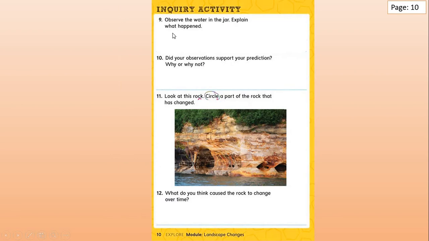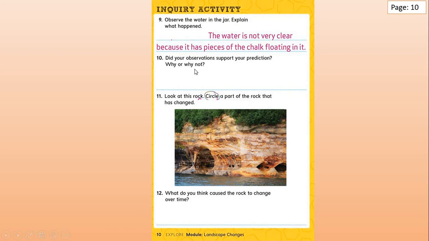Question number 9. Observe the water in the jar. Explain what happened. Can you, grade 2? Yes, the water is not very clear because it has pieces of the chalk floating in it. Question number 10. Did your observations support your prediction?